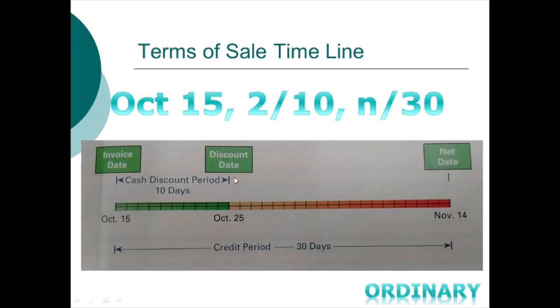The discount date is October 25. Beyond that, the buyer no longer enjoys any discount and has to pay. He has 30 days to settle the amount due, and the net date is November 14, which is 30 days from October 15.